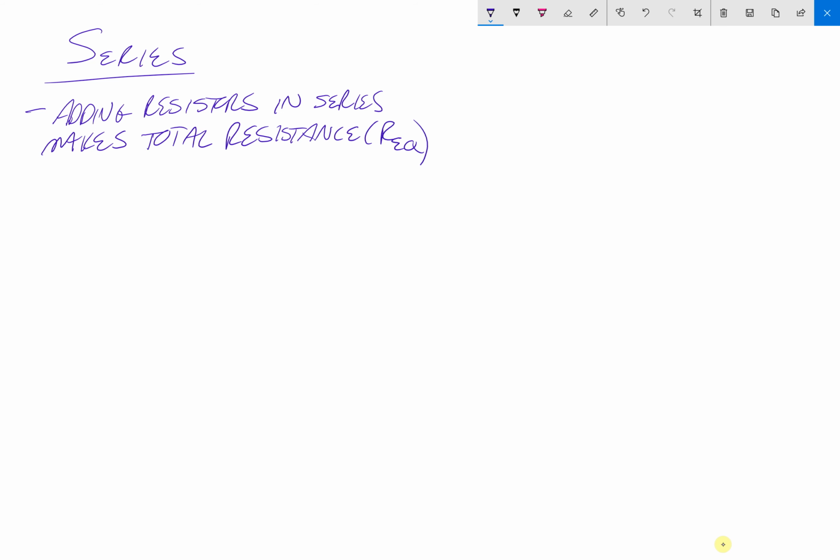Increase. So the total current flowing in the circuit will decrease. Total current decreases. And obviously vice versa. So no need to say it, but it's obviously true.